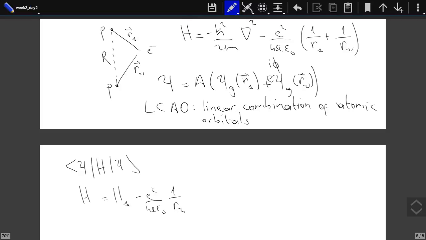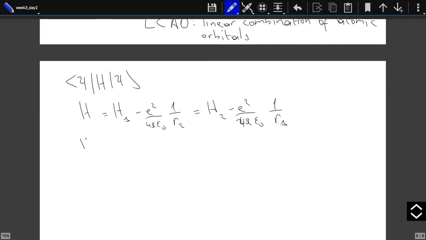H1 is the Hamiltonian of the first proton and the electron. The interaction due to the second proton is the additional term. This is equal to H2 minus e squared over 4 pi epsilon 0, 1 over R1. So Hi is just minus h bar squared over 2m Laplacian minus e squared over 4 pi epsilon 0 times 1 over Ri.